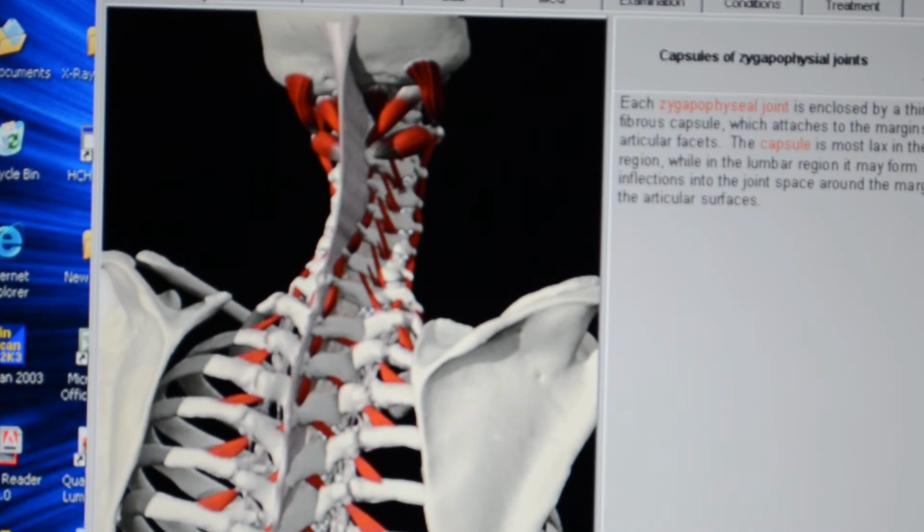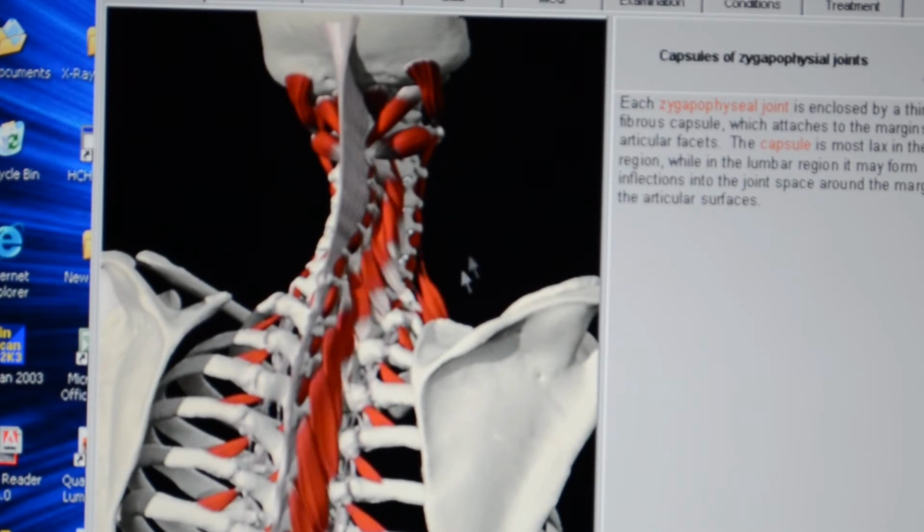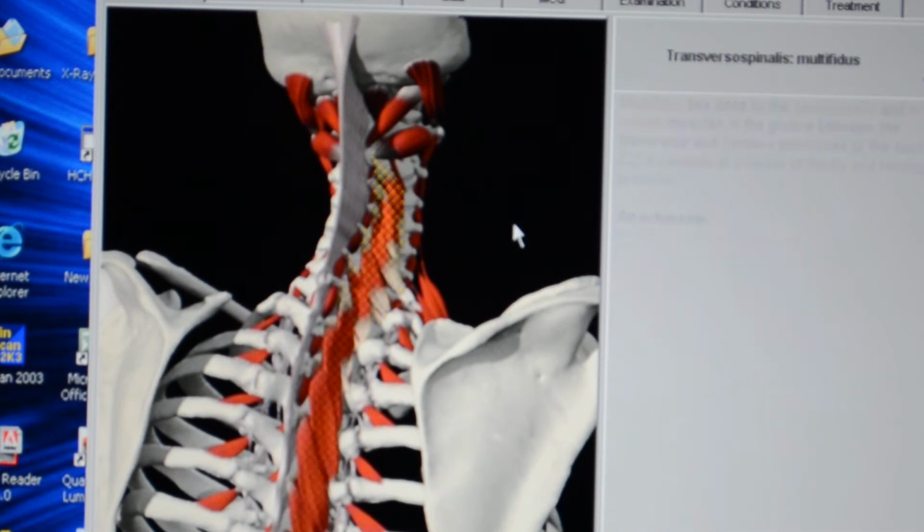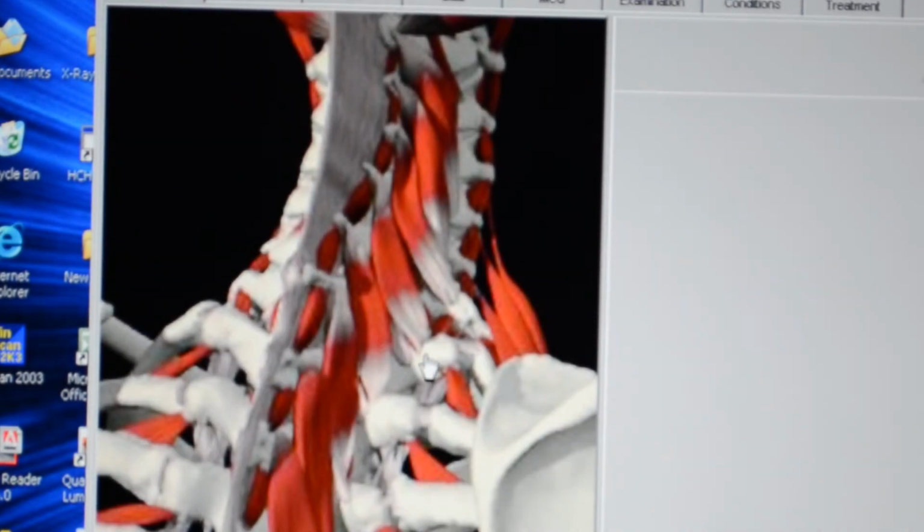We have a number of layers of muscles in the neck, and we'll start off with talking about the most important layer. And that layer is known as the multifidus muscles. And we have these same muscles throughout the spine. We have them in our mid-back, we have them in our lower back. Now these muscles, and we're going to put a magnifying glass on it, are very short. They go from one level to the next, one level to the next, one level to the next.